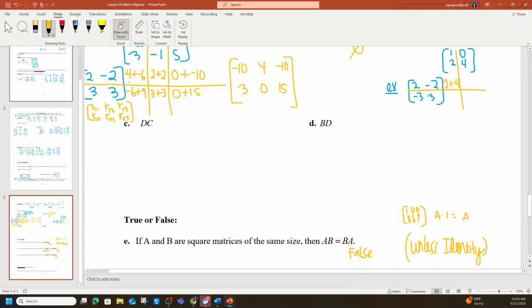Close. Row 1 with column 1 is 0. So row 1 and column 2, 0, and do you guys see that it's -8? Yeah. Okay, good. Let's now do row 2, column 1. What do you guys get?